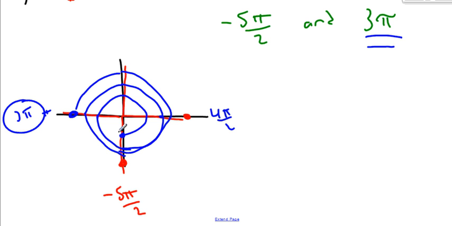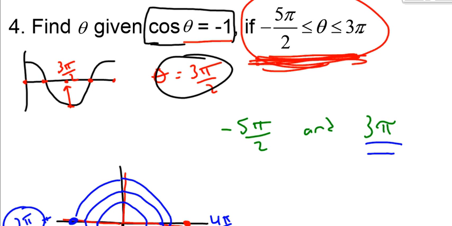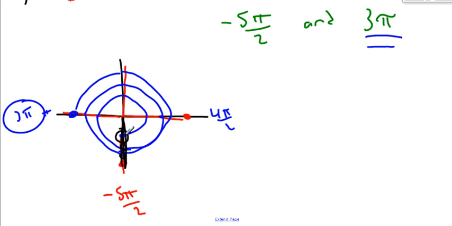So if you look, I have to actually give 3 answers to this question because I know that 3 pi over 2 is here, and that's the major answer to this question if you want. But within this rotation constraint, there's actually 3 times that I touch that axis, which means I have to give all 3 answers.